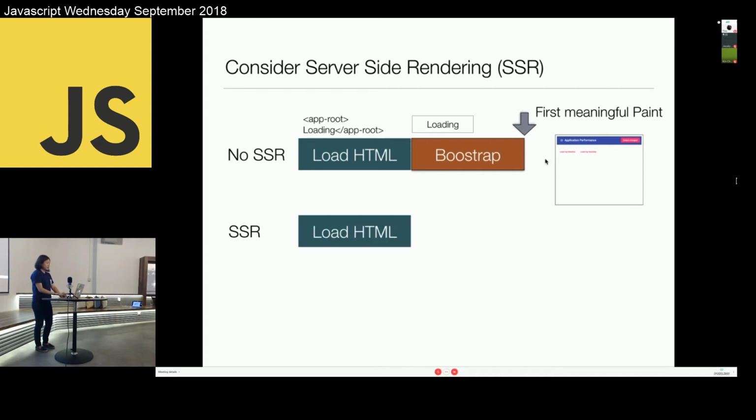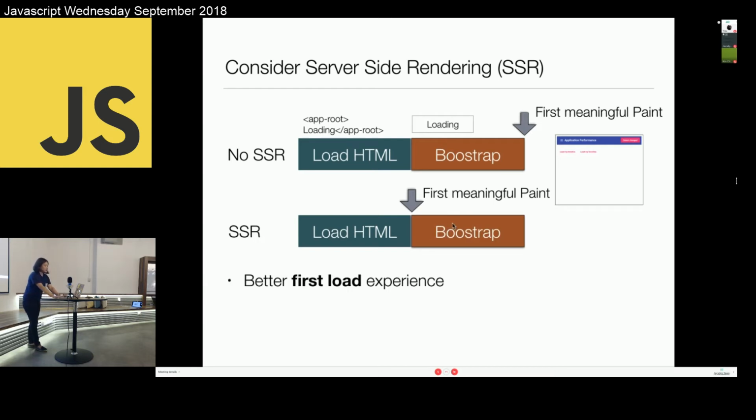But if you use SSR, you load the HTML, and then your first meaningful paint is rendered from the server, so it happens much earlier. Only then do you bootstrap the application on the client side. The benefit is that it gives the user a better first-load performance experience, because the first paint happens earlier. But after the first paint, basically everything is the same.